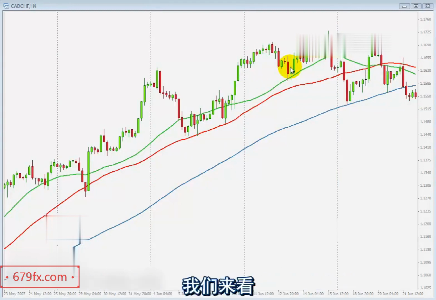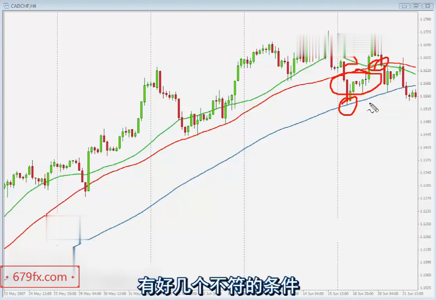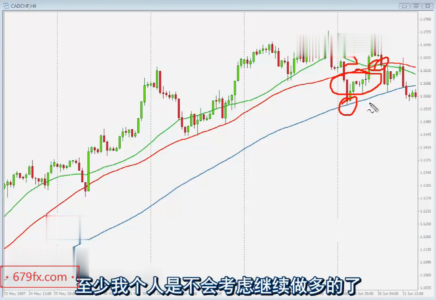In fact, wow, we've thrown 1, 2, 3, 4 conditions out of the list. A number of conditions have now been broken, and therefore I personally would not be considering any long entry any longer.